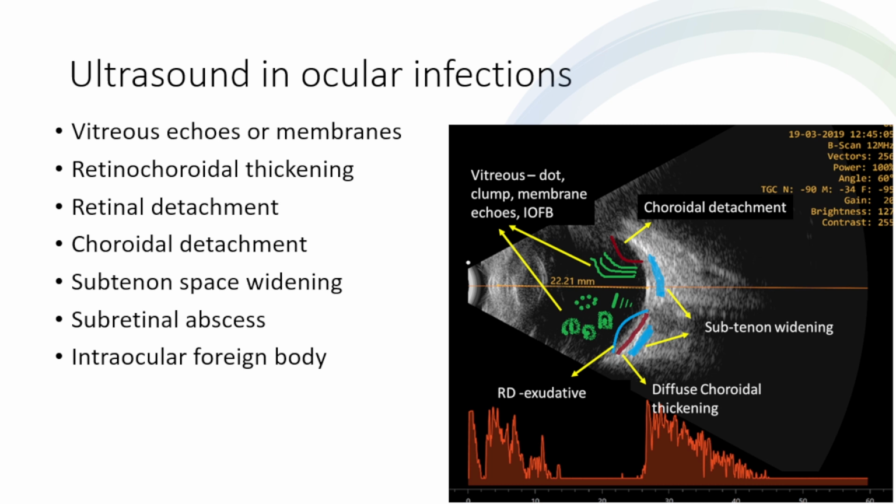Posterior to that, we can find retinochoroidal thickening, retinal detachment or choroidal detachment, subtenon space widening, and subretinal abscess, and intraocular foreign body is to be ruled out. All these findings are shown in this diagrammatic depiction.